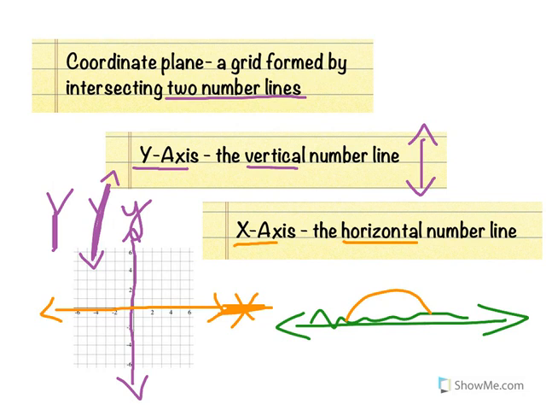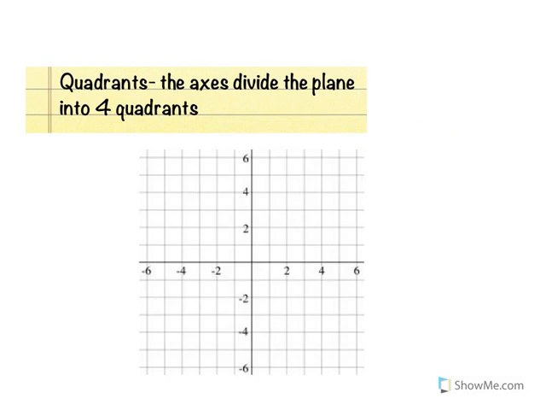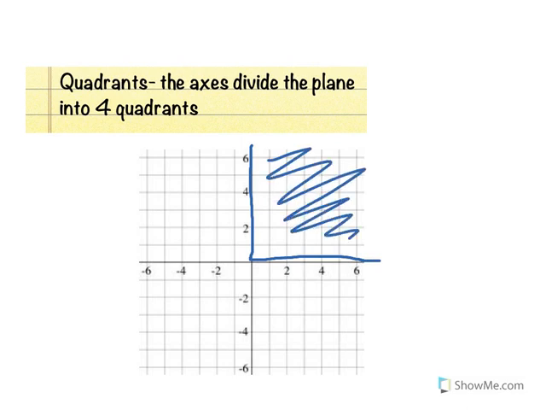Now, my coordinate plane is broken up into quadrants. My axes divide my coordinate plane into 4 quadrants. So this section here would all be a quadrant.